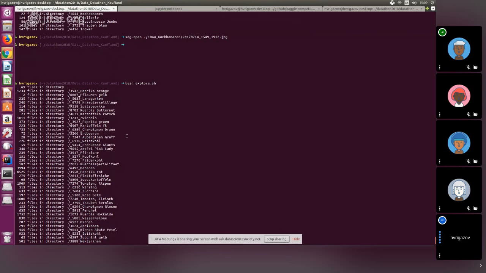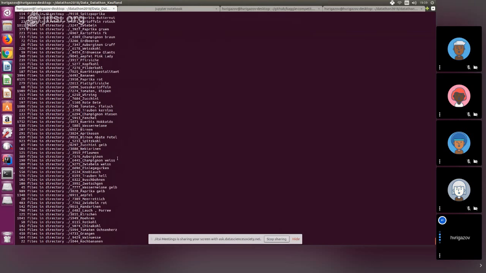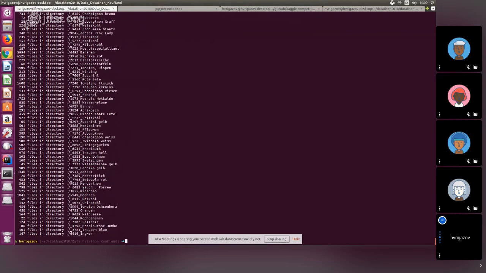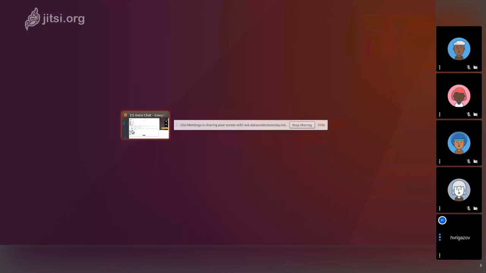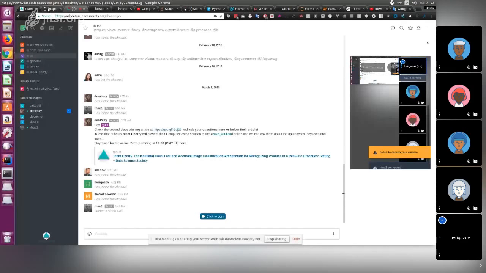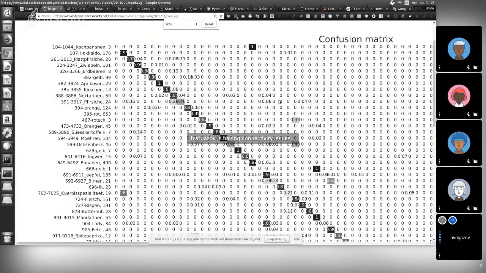Also, another difficulty with the data, apart from being imbalanced, is that there are a lot of similarities between some classes. I would like to show you this, our confusion matrix for our final model.